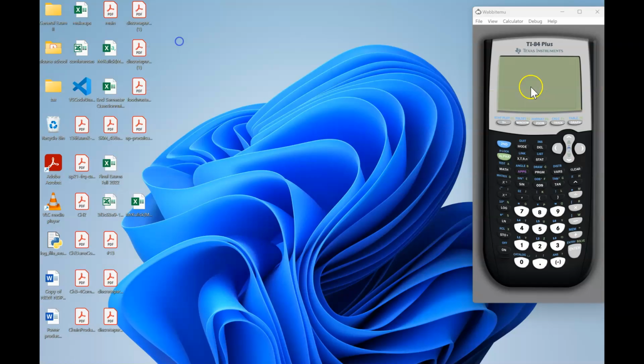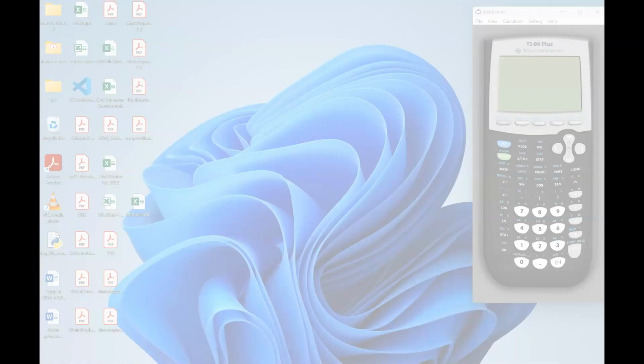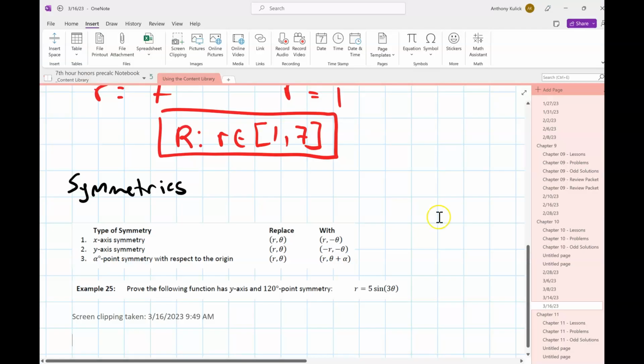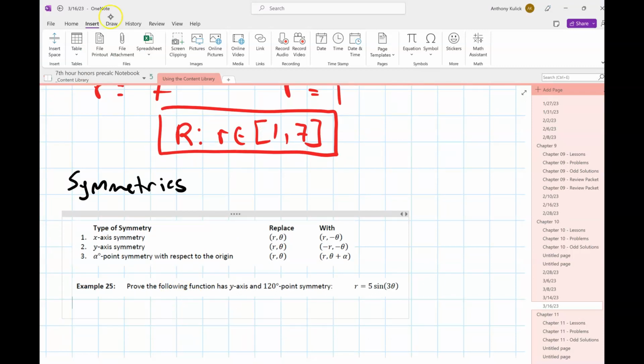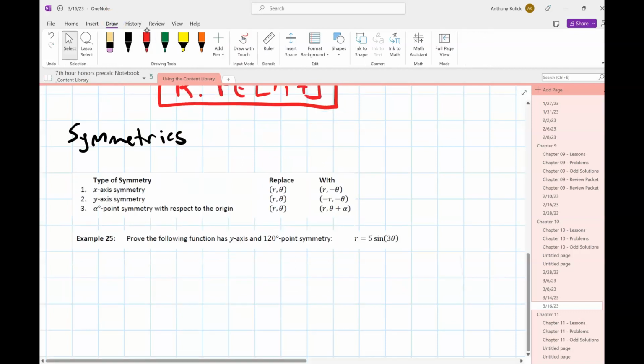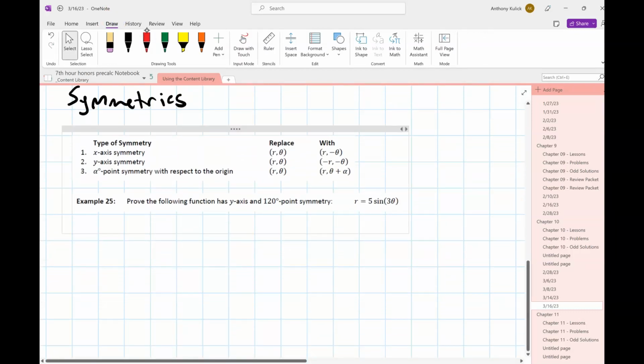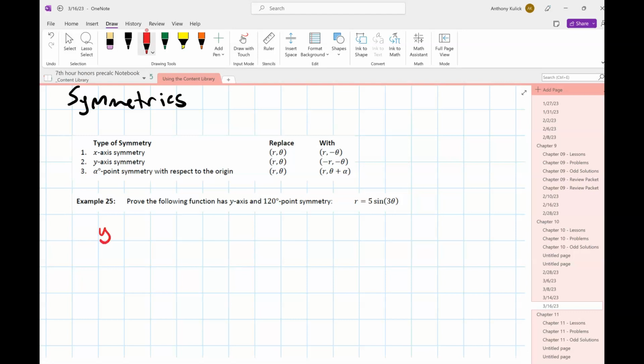So let's do an example here. Here we're asked to prove that the function r equals 5 sine 3 theta has y-axis and 120-degree point symmetries.